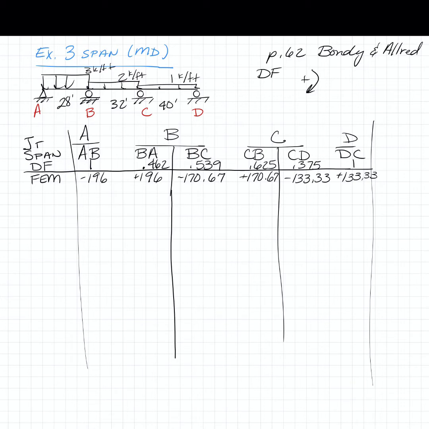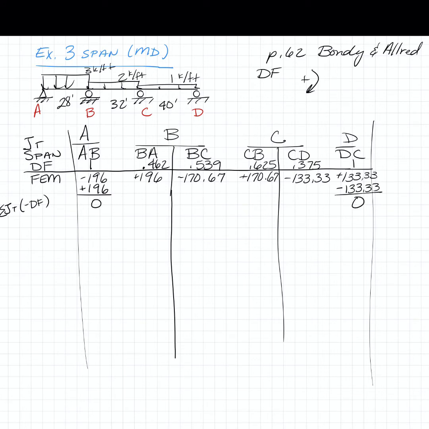All right, so first things first, we start with the end joints, balance those. So negative 196 times 1 times a negative. In other words, sum at the joints times negative distribution factor, right? Same thing on the far side over here.